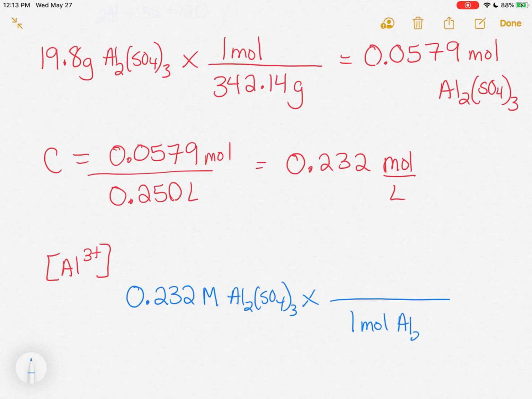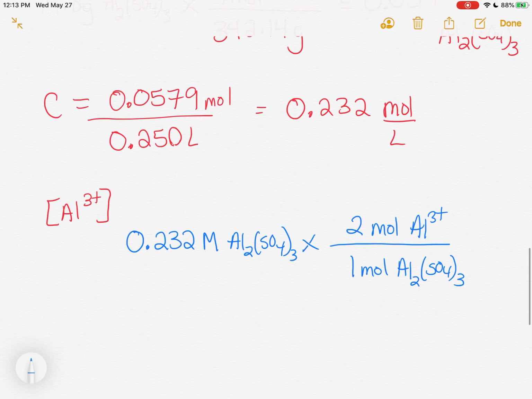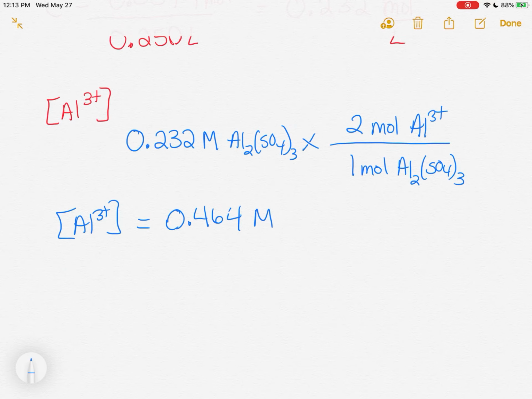On the bottom here, we need our 1 mole of aluminum sulfate. And on the top here, we're going to have our 2 moles of aluminum ion. Okay, so that means the concentration of the aluminum ion is going to be 0.464 moles per liter. So that's the concentration of the aluminum ion.